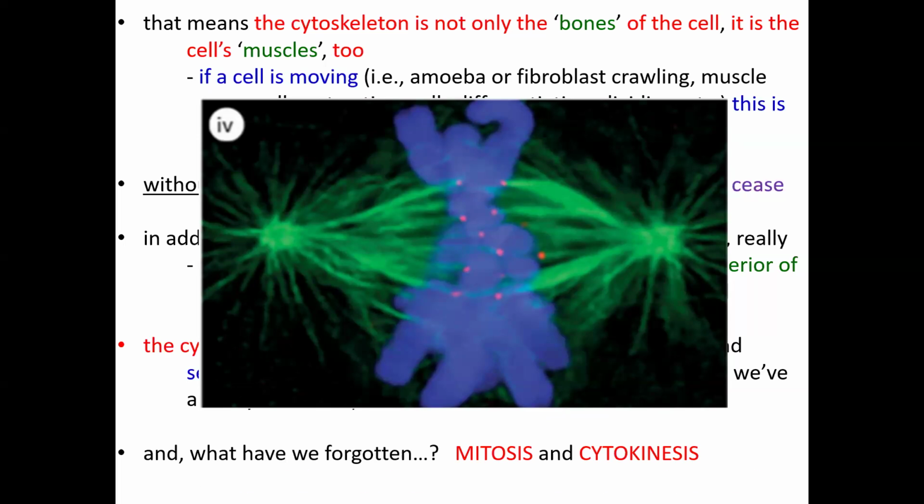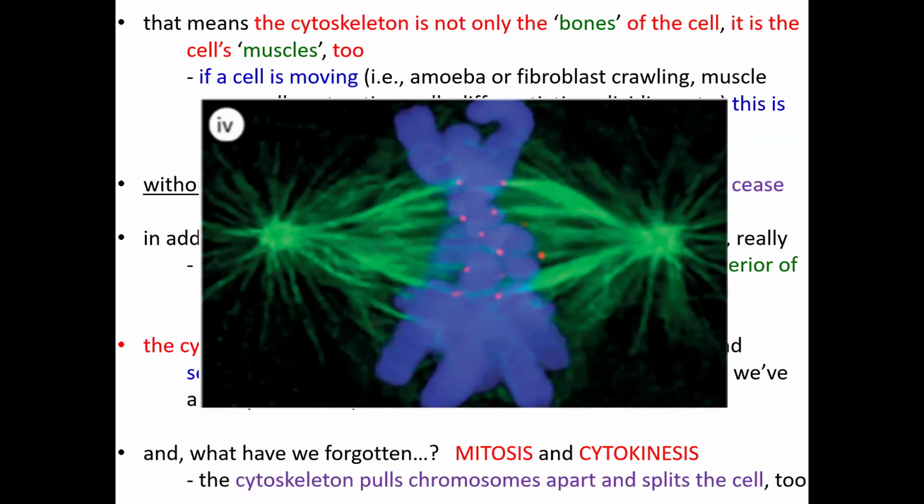They're going to separate those sister chromatids. We're looking at a metaphasic cell. This is a cell in metaphase where the chromosomes are lined up in the center of the cell. And those microtubules are going to pull those sister chromatids apart, moving us into anaphase. So cytoskeletal components pull the sister chromatids apart, microtubules specifically.